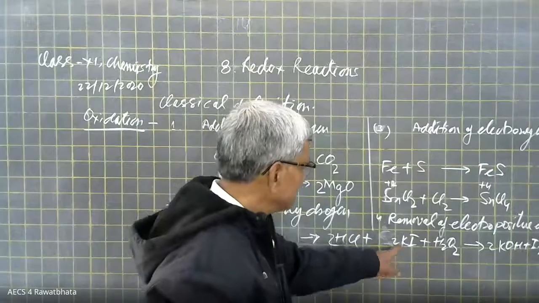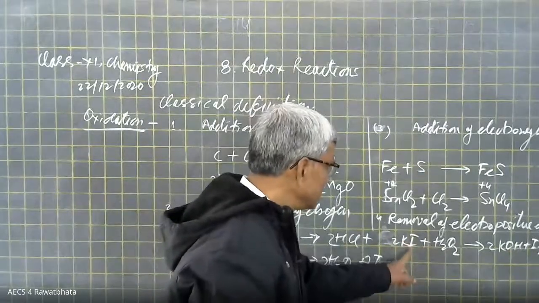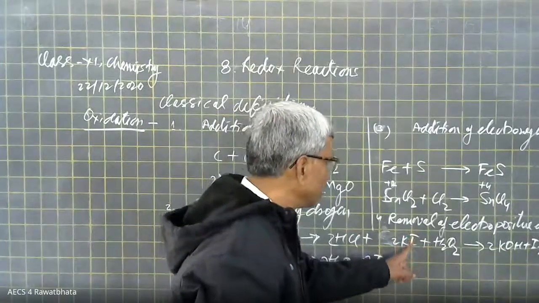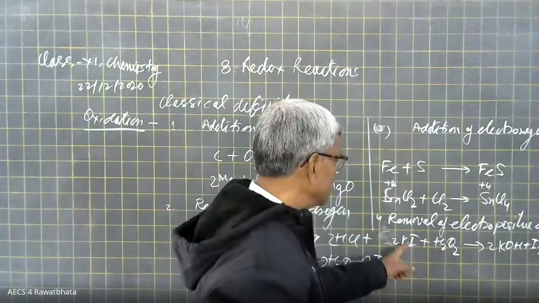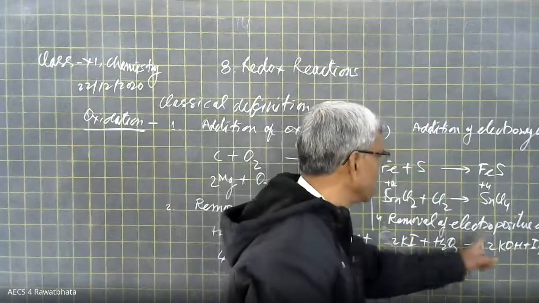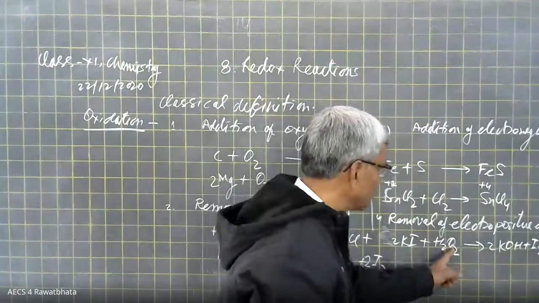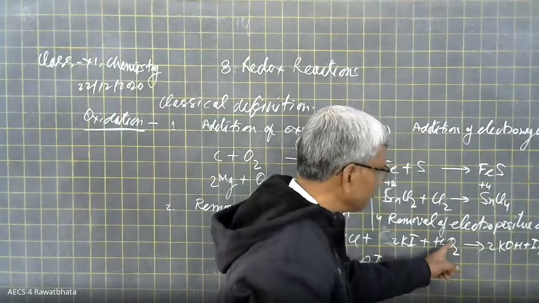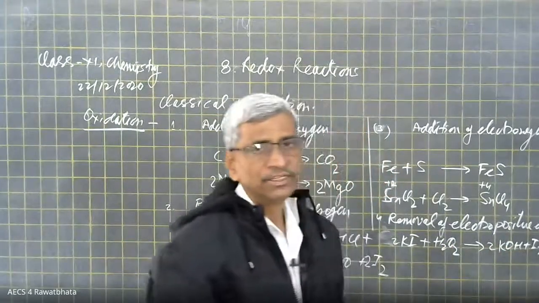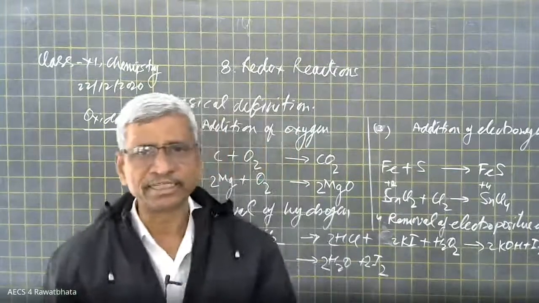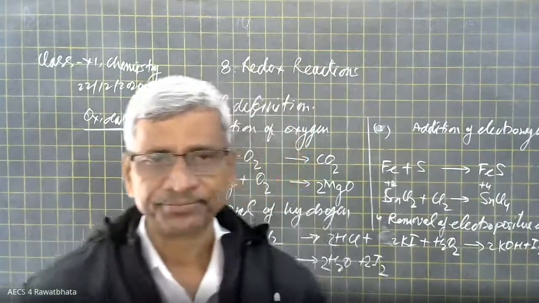In KI, iodine is the electronegative element. This iodine is being removed in the form of I2. That's why this is removal of an electronegative element. Here oxygen also is in the form of peroxide, and this peroxide is going to change into oxide. So this example is not that clear.